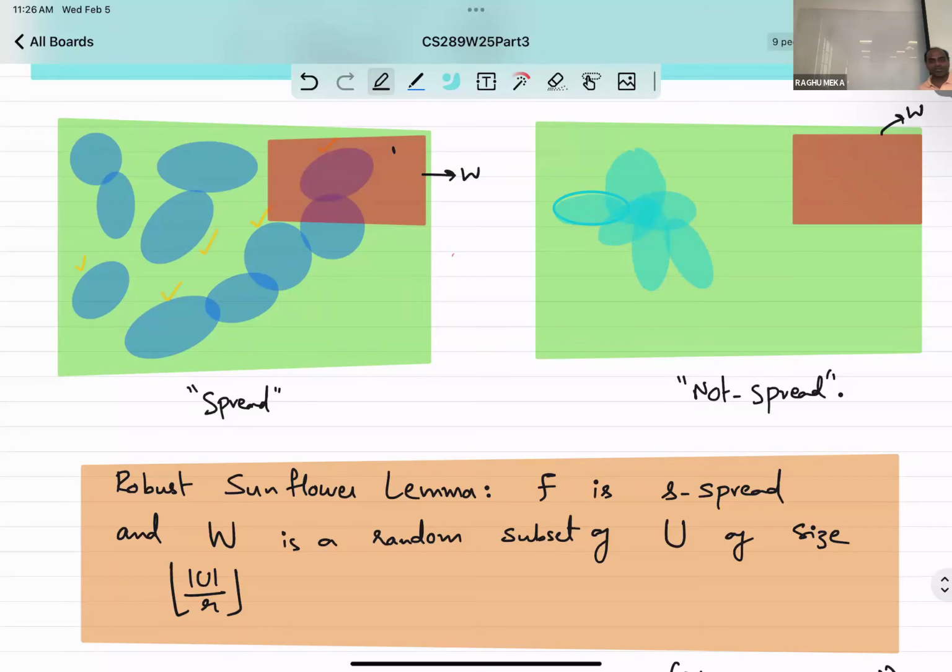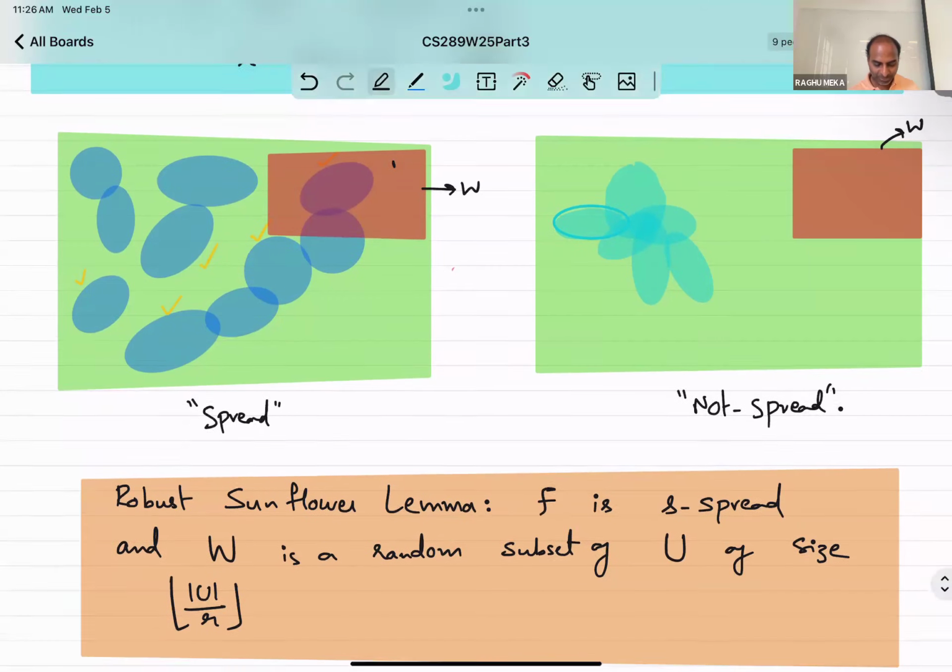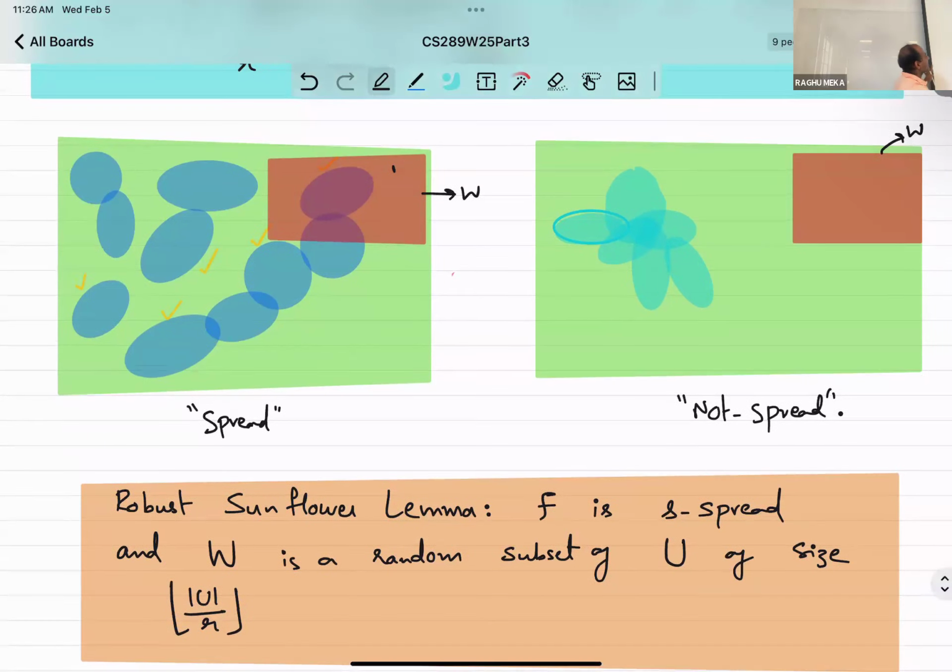Does the statement make intuitive sense? When the sets are spread out and I pick a random set W, just imagine I throw a random square, the chance that it hits or even contains one of these blue blobs should be higher in the left picture than in the right picture. Because in the right picture, all the blue things are concentrated. They're covering less of the universe.